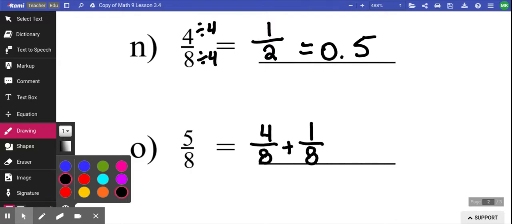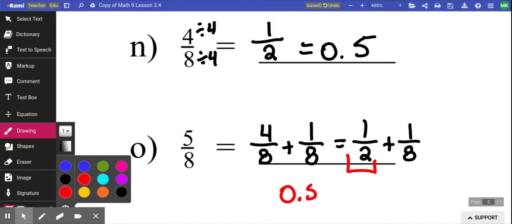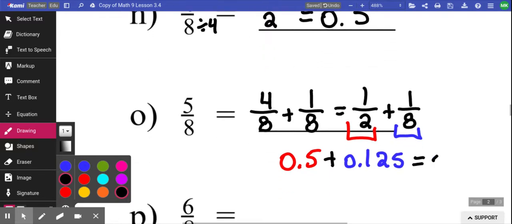And those are both things I do know. 4/8 is the same thing as saying 1/2 plus 1/8. 1/2 is 0.5. 1/8 is 0.125. And those are numbers that I could add together. That adds to be 0.625.